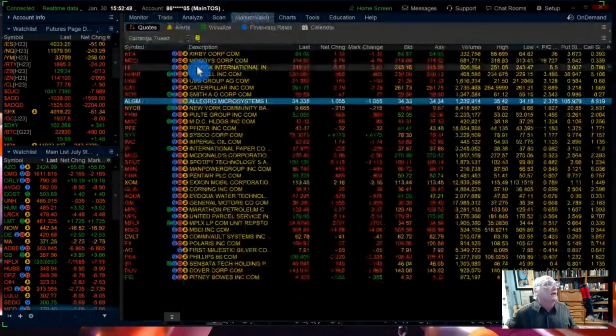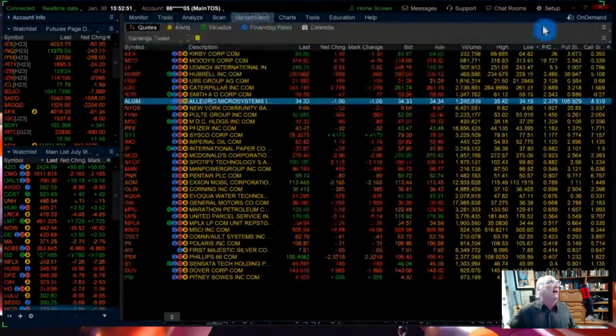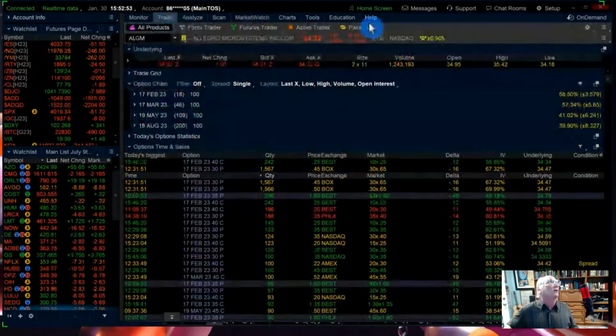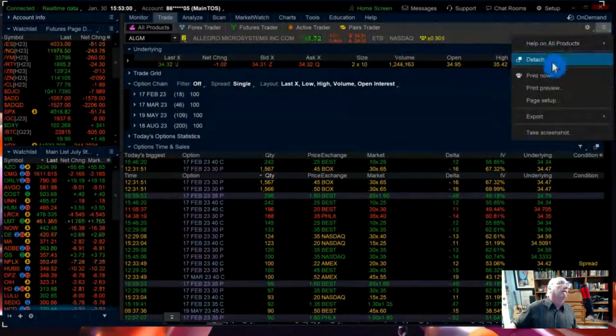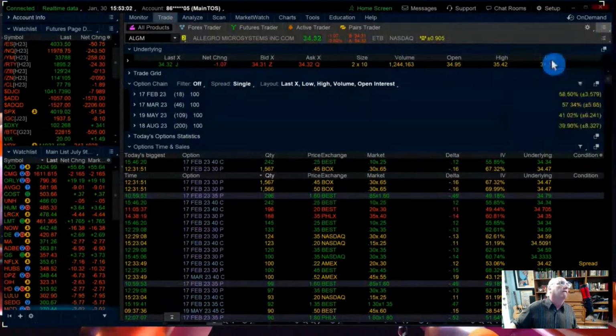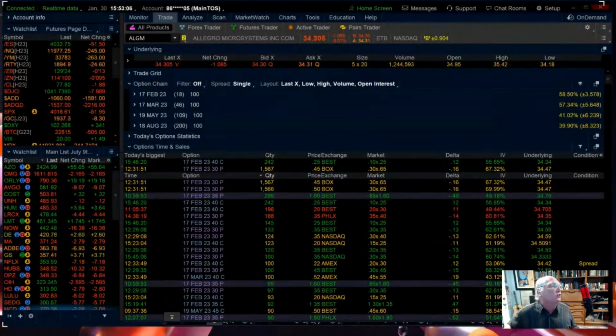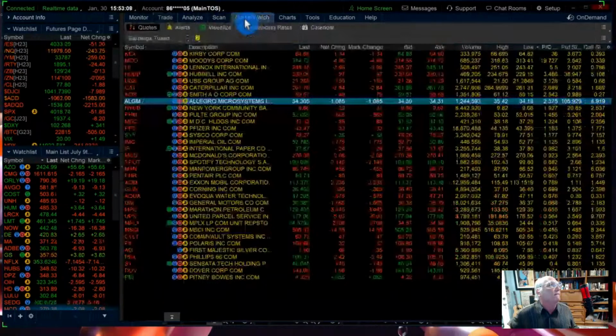Let me see if I can find it. Now I'm going to do it this way because it's faster. Oh, I'm glad now I look like a genius. Right, on another screen, I have the trade grid, just so you can know what I'm talking about.